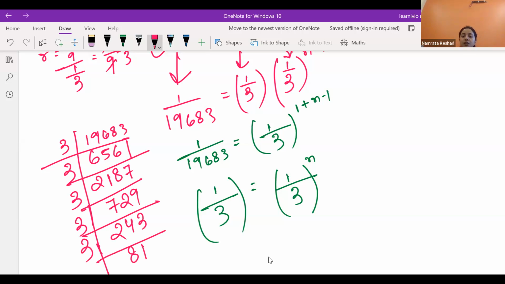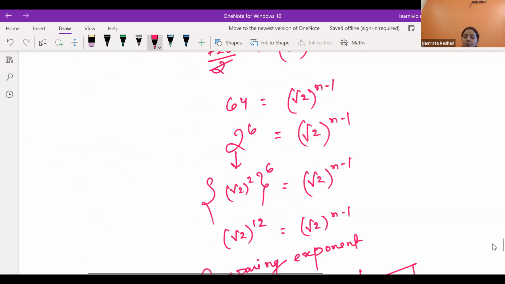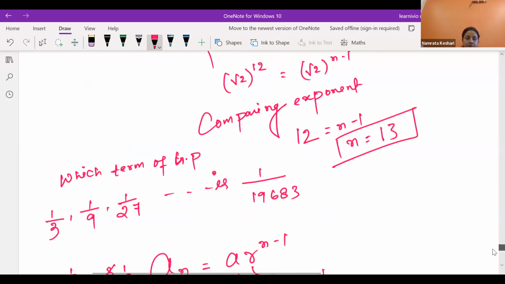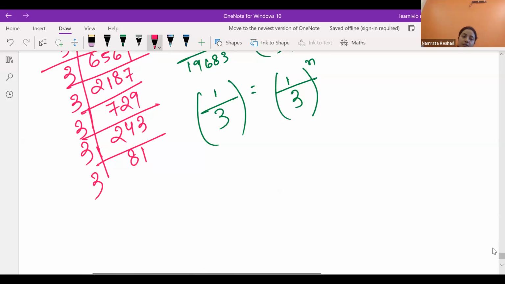You can clearly see how easily we are getting 3 3. Still we are not done. Just a moment, let me finish it. 27 means 3 into 3 into 3. So let me check how many 3.